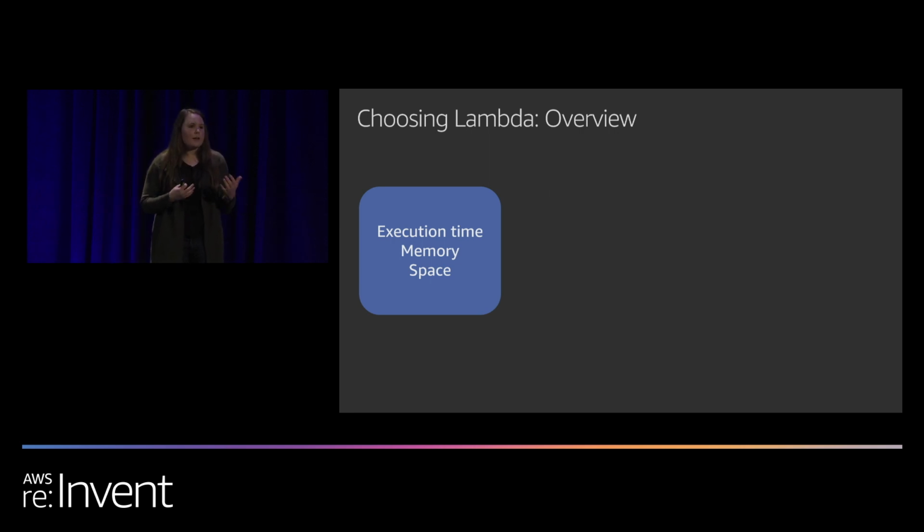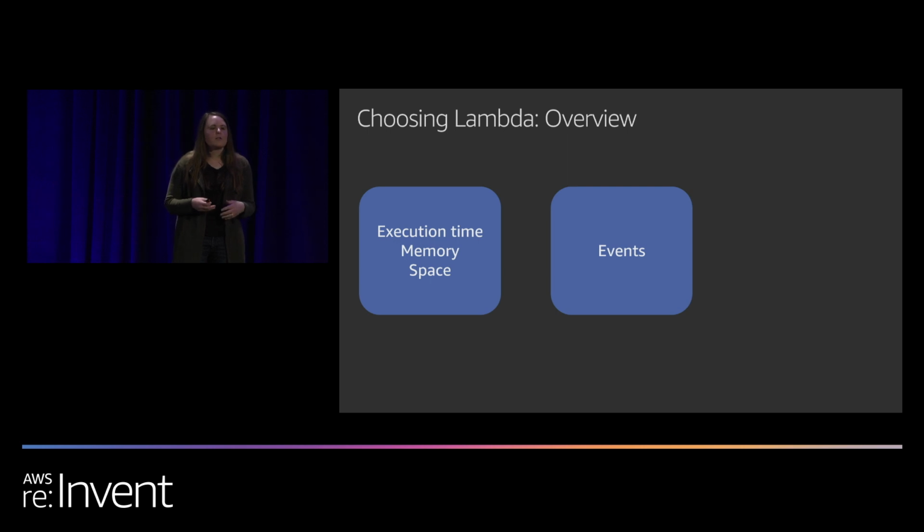If you run into the execution time limit, sometimes you can batch up your work or parallelize it using threads or something like that, so that you can fit inside that execution limit. We have also a couple times downloaded dependencies at start, instead of including them in the deployment package, to get around that constraint.